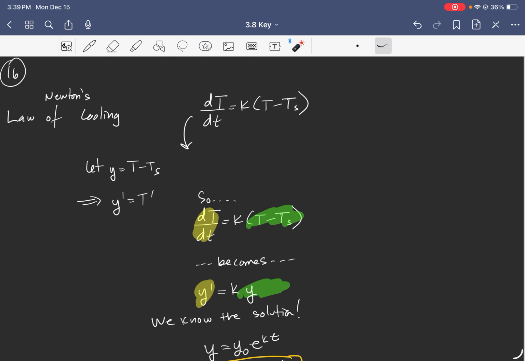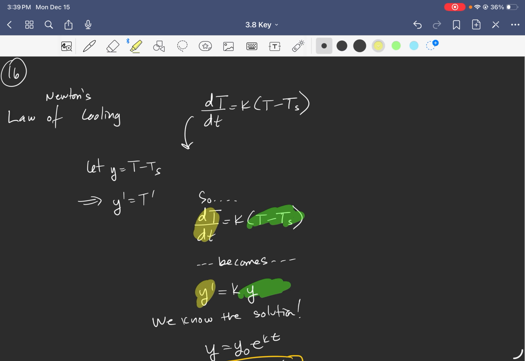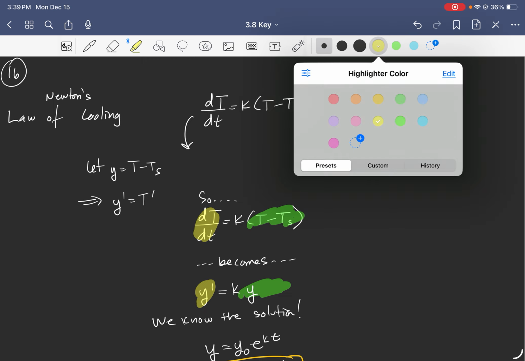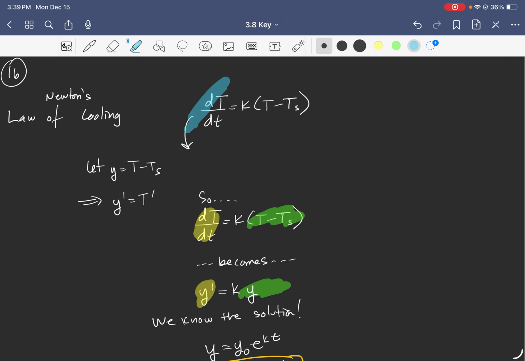Okay. Newton's law of cooling. The reason why these can be interesting is, here's what Newton's law of cooling says. Let's look at that first. What it tells you is that the change in temperature with respect to time of an object, for example, let's say we had a hot cup of coffee, is going to be proportional to the difference between its temperature right now and the temperature of the surrounding medium.